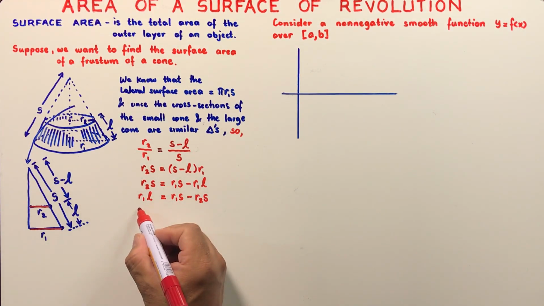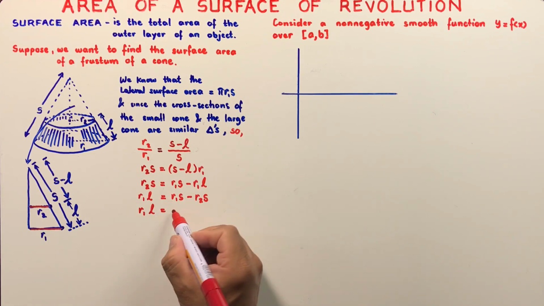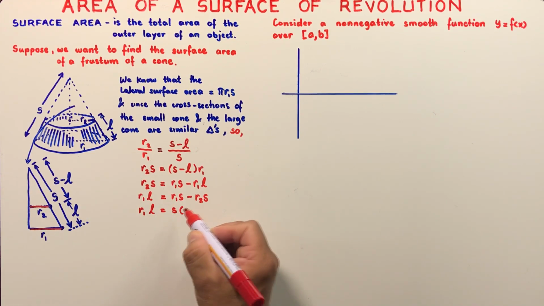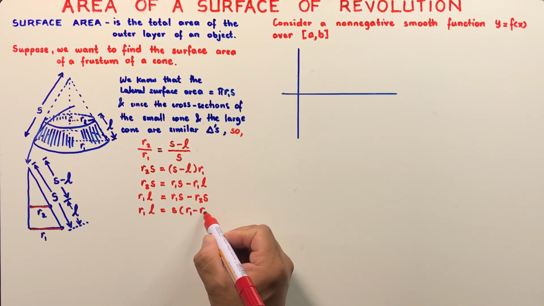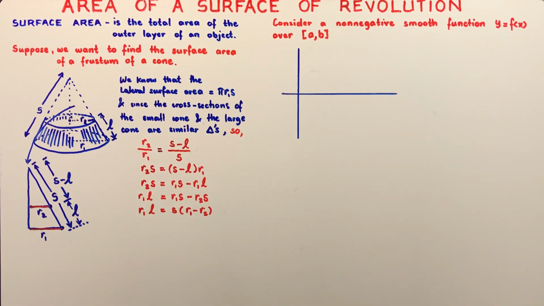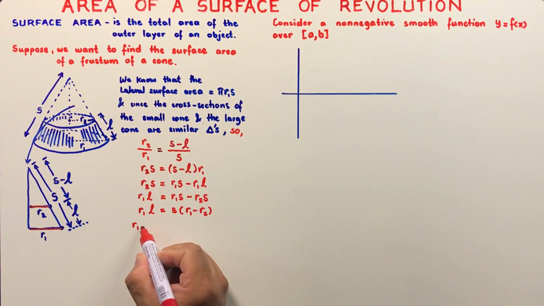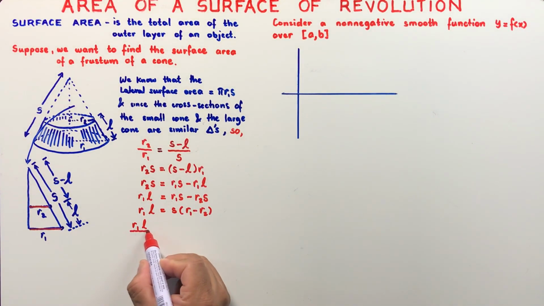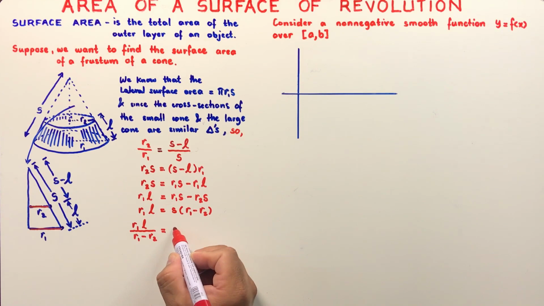Then we can factor out the common factor, which is s, so s times r sub 1 minus r sub 2 here. Therefore, if we divide both sides of the equation by r sub 1 minus r sub 2, we have r sub 1 L divided by r sub 1 minus r sub 2, which is equal to s.